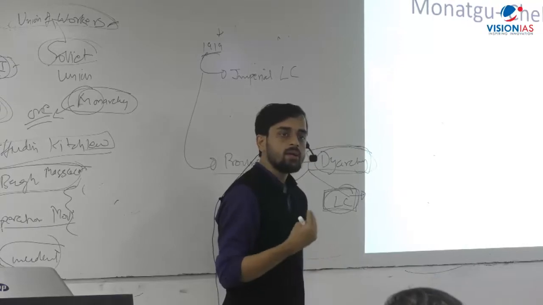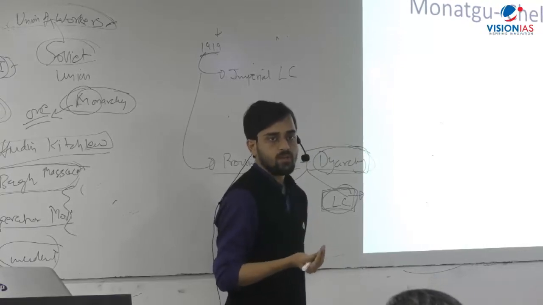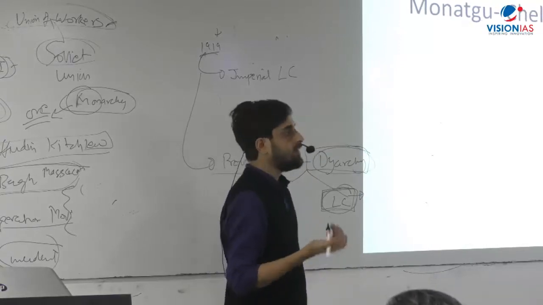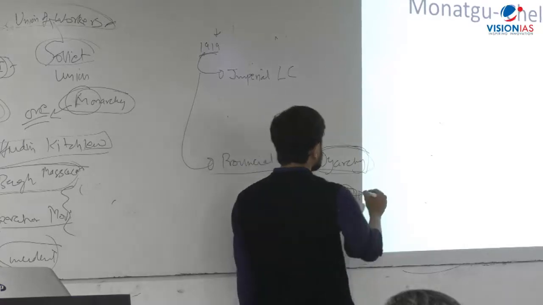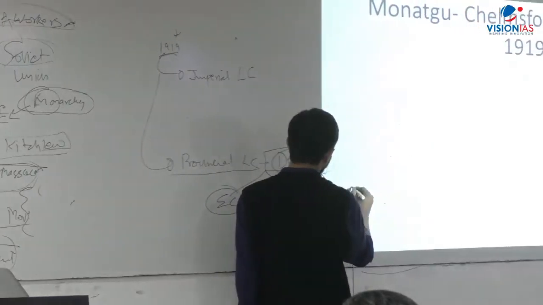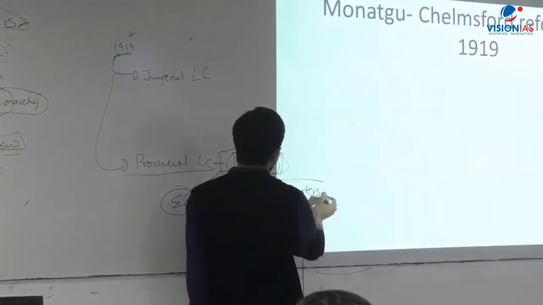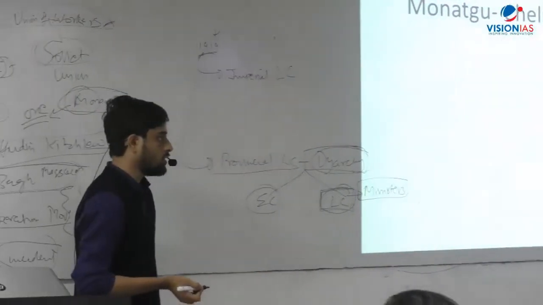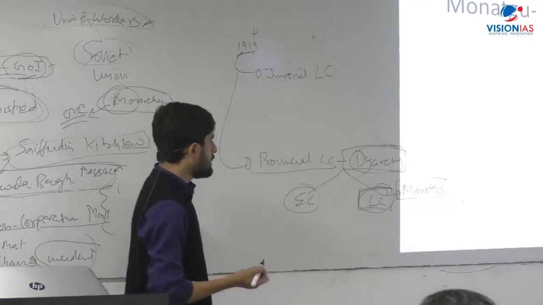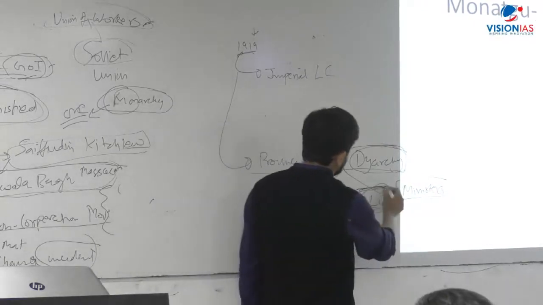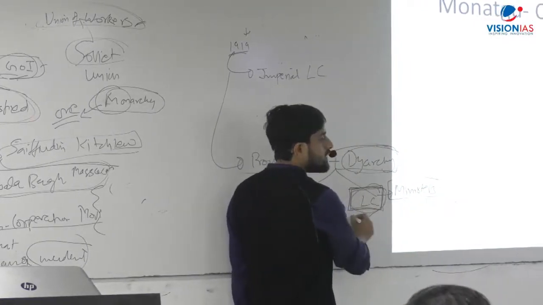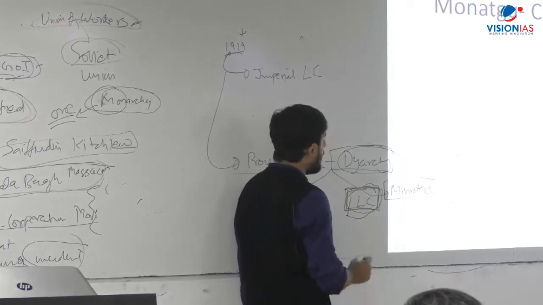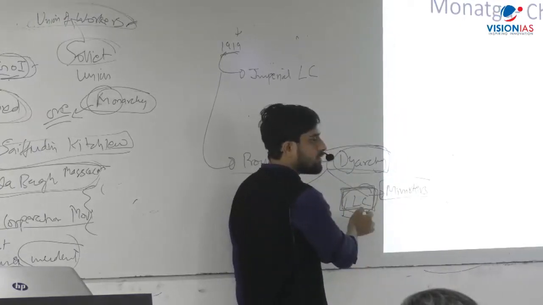So elected Indians were to be a majority in the provincial legislative councils now, and these legislative councils were to appoint their ministers. They had now the power to make laws, etc. also. Okay, so this was a kind of a functional government that was formed at the provincial level for the first time.